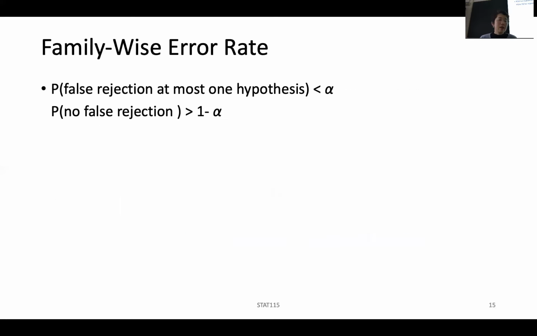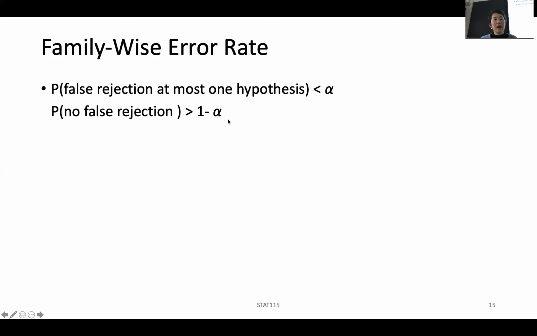One way to do this is to make sure that I don't wrongly call even a single gene incorrectly. And this is called the family-wise error rate. This is the probability of rejecting at least one hypothesis wrongly at a certain cutoff, which means the probability of not calling even one of them wrong is going to be 1 minus this number.